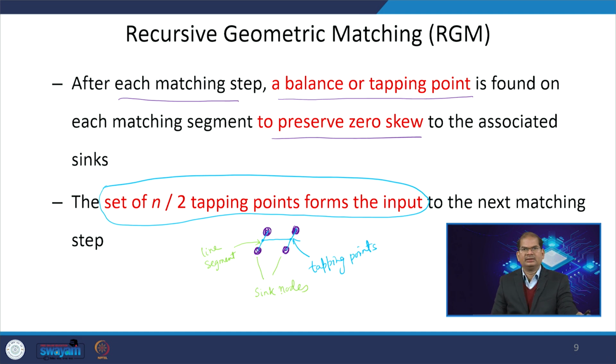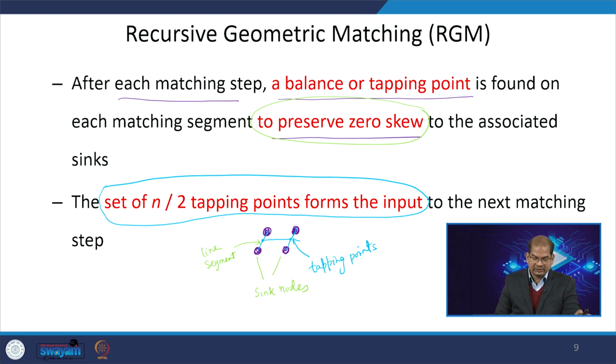So, very interesting, not a lot of maths is involved here, it is very simple concepts. My goal is to achieve 0 skew. How should I draw the interconnect such that I can achieve 0 skew or minimum skew? 0 skew may not be possible in all cases. So, minimum skew as possible.